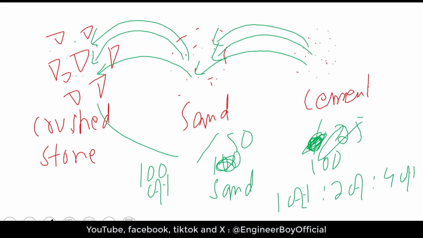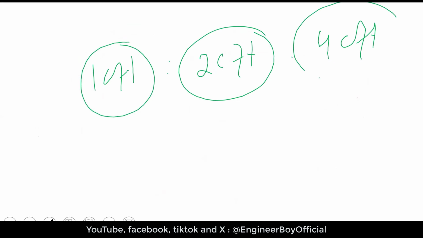Let's not consider that. So we have 1 CFT, 2 CFT, and 4 CFT as the crush stone. This volume is the maximum, as we bring it in dry form.